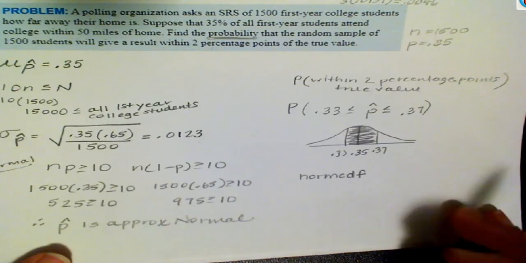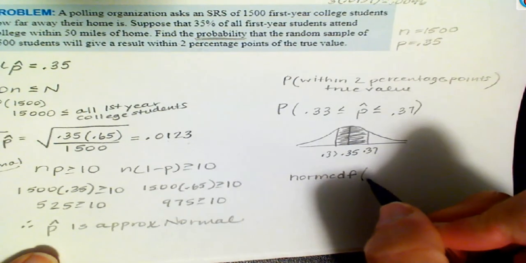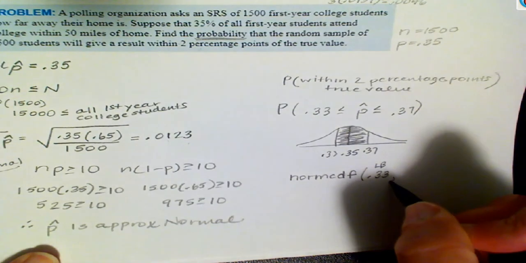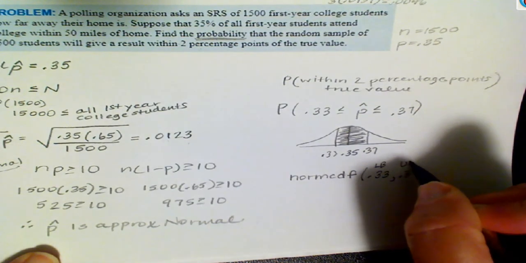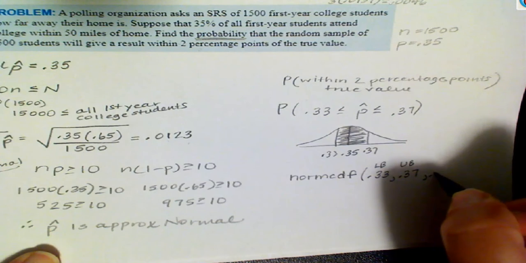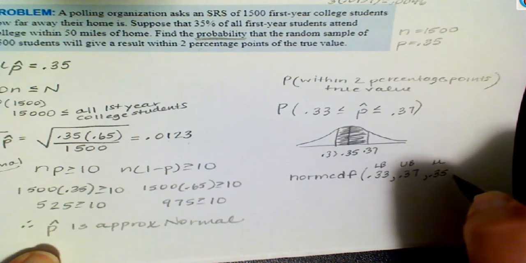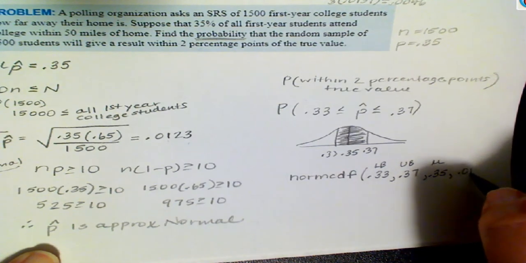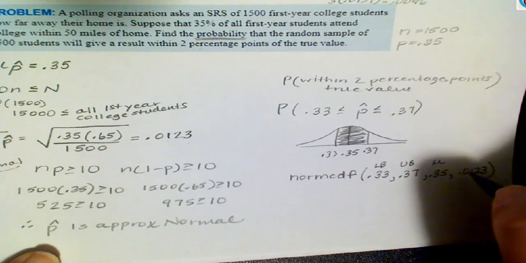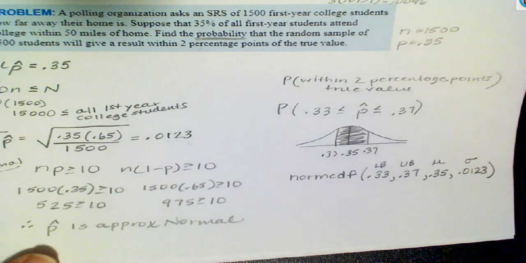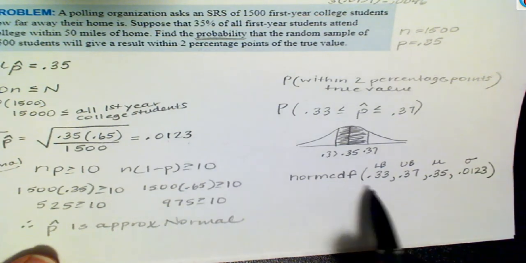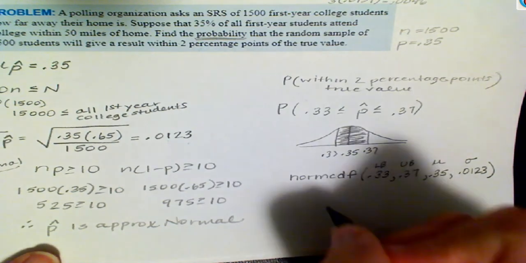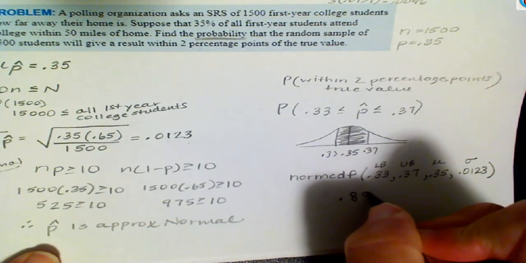I know we have a normal distribution, and my lower bound is 0.33. My upper bound is 0.37. My mean is 0.35, and my standard deviation we found is 0.0123. I'm going to use my calculator. Make sure if you do, you label everything. And I find that the probability is 0.8961.